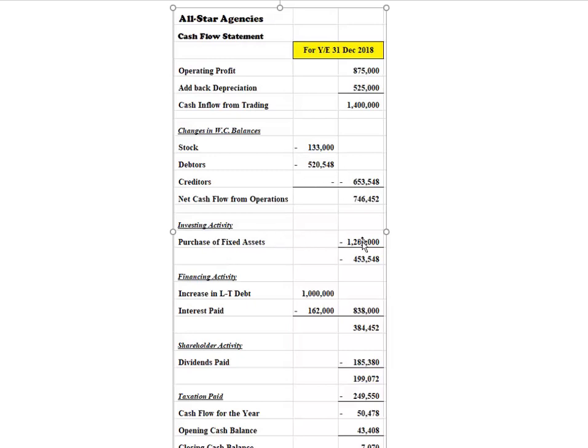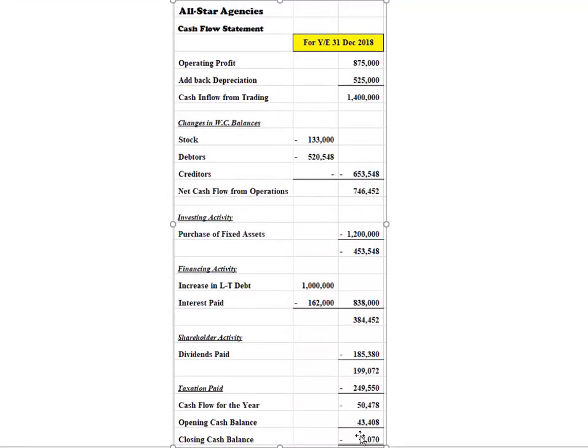There was our purchase of fixed assets. Here's our financing activities, long-term loan, interest payments. Down here was the dividend, and then there was the tax paid. And then right at the end, we came down to this number of 7070. So you'll recognize all the same numbers here. One other difference is that you'll see some subtotals on the way down.